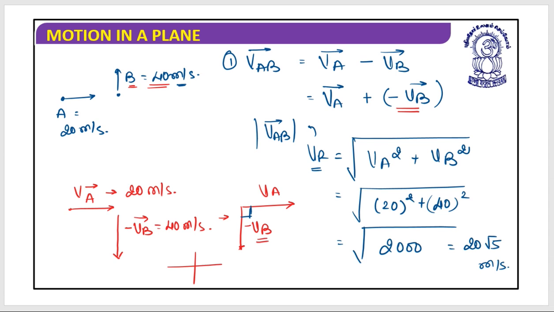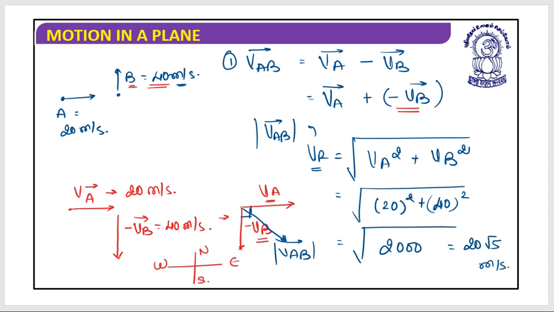You know this is north, east, west and south. One of my vectors is here, it's VA, another vector is here, so the resultant must be here. This is VAB. I'm not saying that they are bisectors, no, they are not, but it is somewhere here.